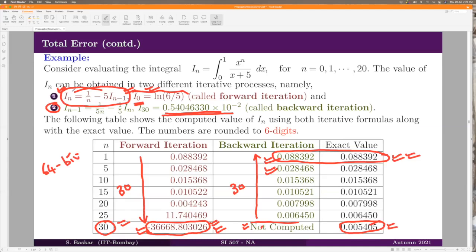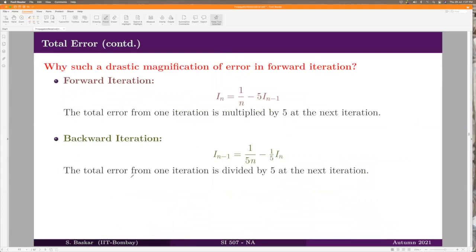They both are exact formulas for finding this integral for any given n, but computationally they make a lot of difference. So in the backward iteration, the total error from one iteration is divided by 5 at the next iteration. Mathematically, they both are equivalent, but for a computer, one is very, very bad, the other is good.